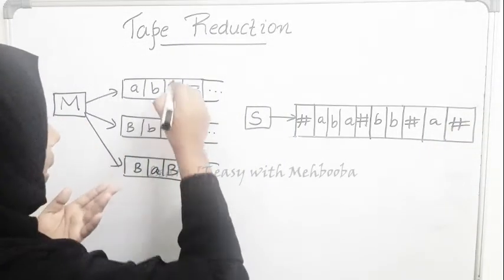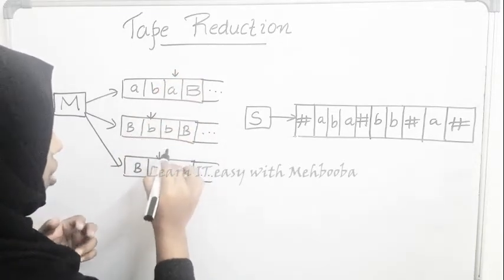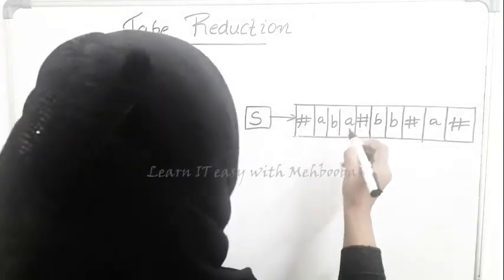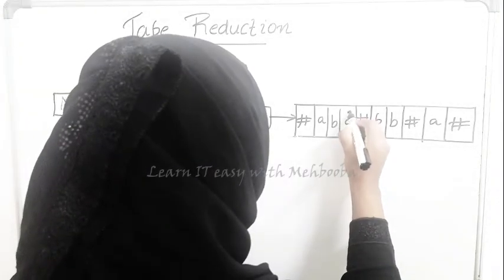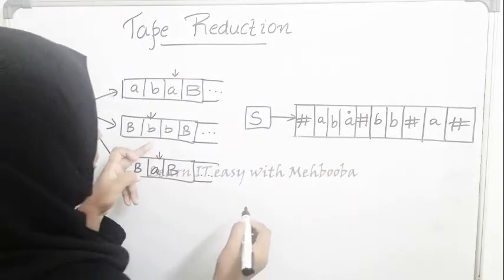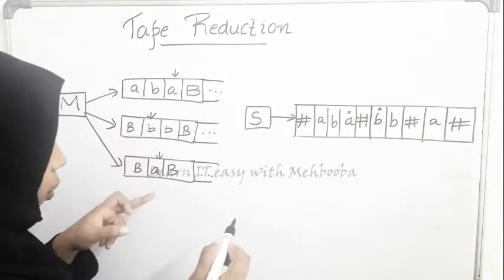Now the different tape heads can be at different positions, isn't it? So assume that the positions are like this for the tape heads. Here this A has a tape head, so I am putting a dot here to indicate the tape head for tape 1. Now here this first B is where the tape head is pointing.